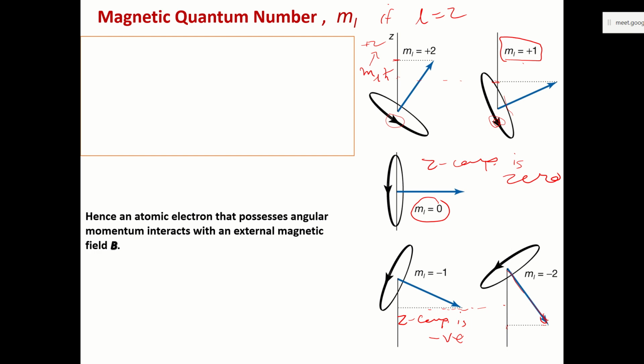The first, n, tells you about quantization of energy; the second tells you about quantization of angular momentum, the magnitude of angular momentum, what values it can have; and the third, m_l, tells you about how that angular momentum vector will be oriented in three-dimensional space, and that orientation we define in terms of the z component. So the z component is decreasing from plus 2. Now you understand what plus 2, plus 1 meant for m_l: this is how the z component is decreasing.